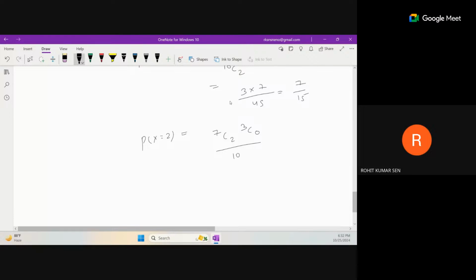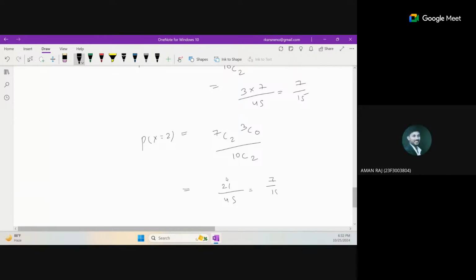The possible ways are 10C2. What is 7C2? It is 21. And 3C0 is 1, and 10C2 is 45. So it is again 7 by 15.